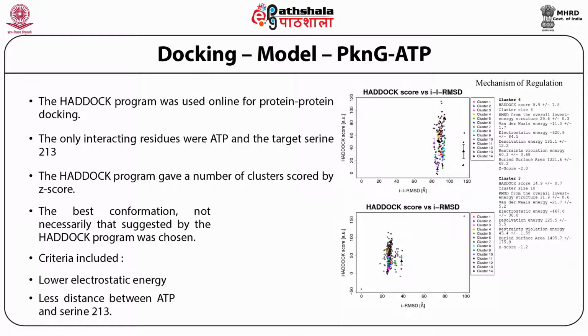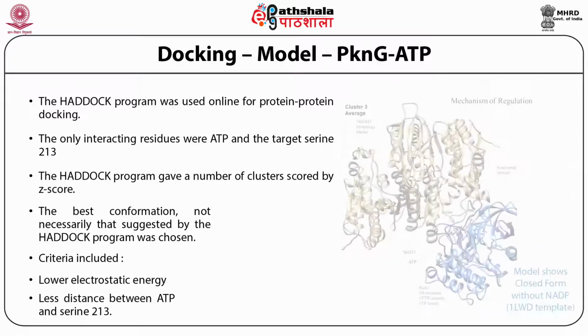However, if we take our model structure, put in the binding ATP and try to dock, we do not get lower values for these structures. That is very important, because we would like to see clusters where the binding scores are high, and the ATP and the serine should be nearest to each other. But we don't find that distance in this model.